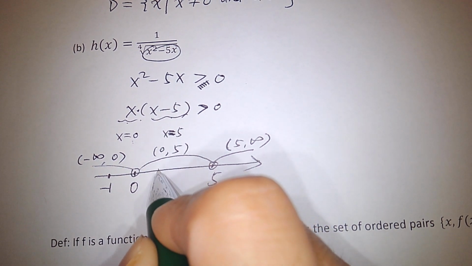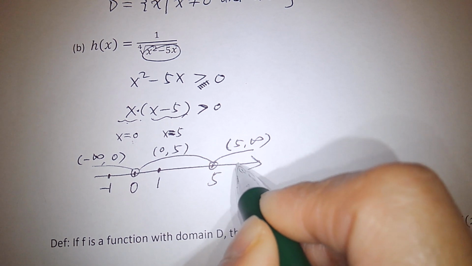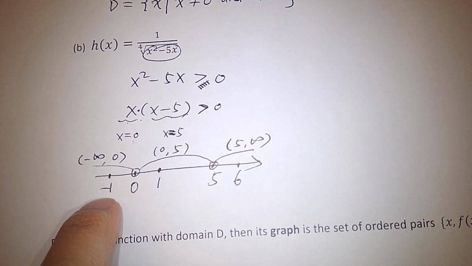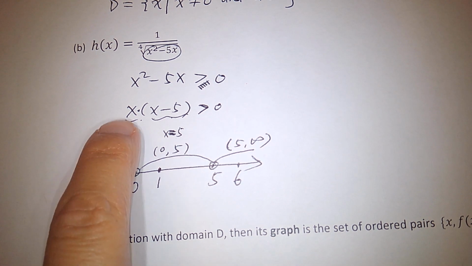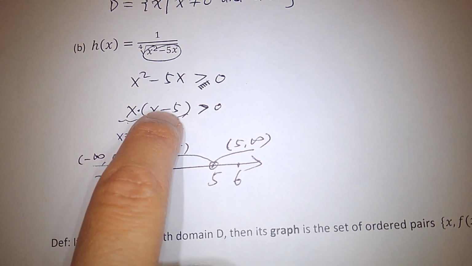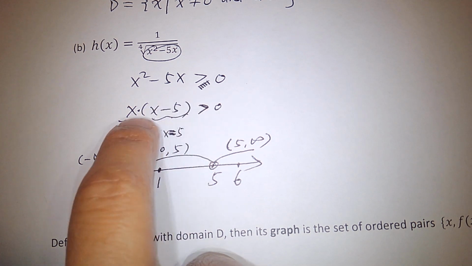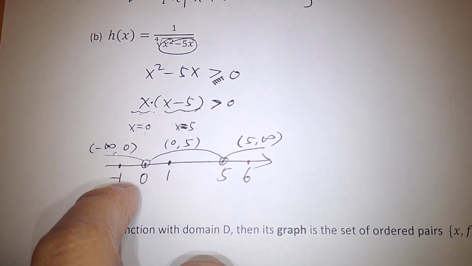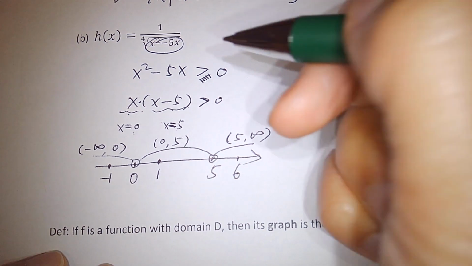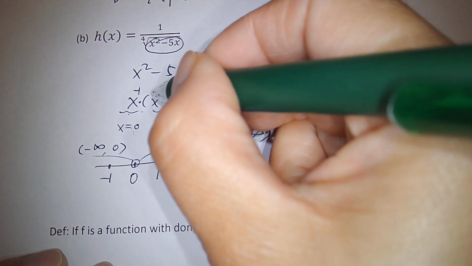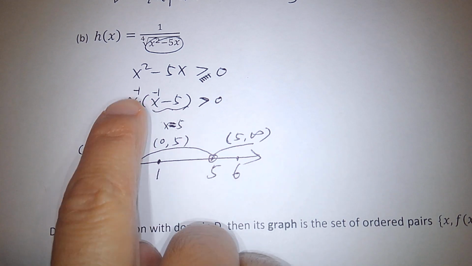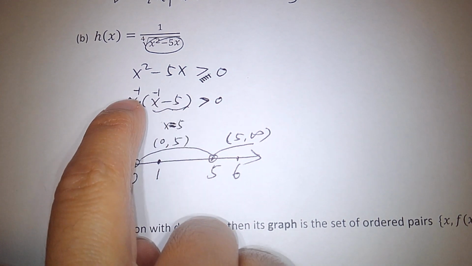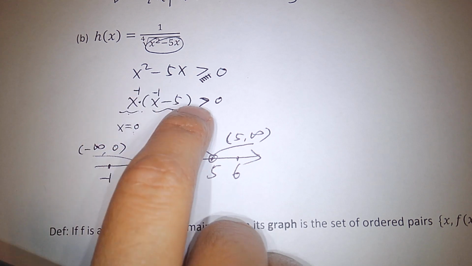Choose a key point. On this interval, we choose the key point -1. Let's plug x = -1 into this inequality and see whether it is true or false. So when x equals -1, -1 minus 5 is -6, right? -6 times -1, is it positive or negative?